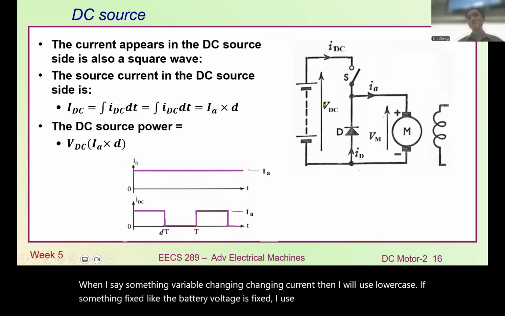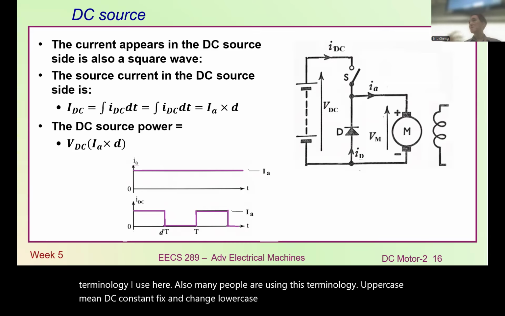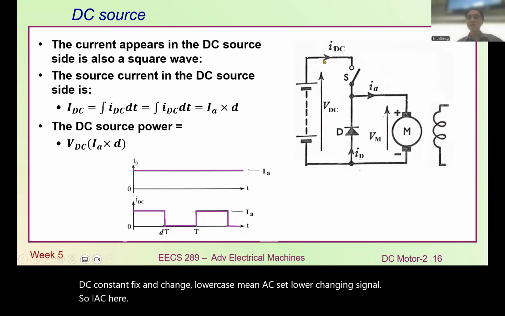That's some terminology I use here, and many people use it too. Uppercase means DC: constant, fixed, unchanged. Lowercase means an AC signal or changing signal.